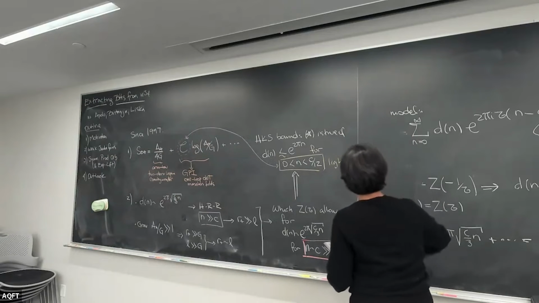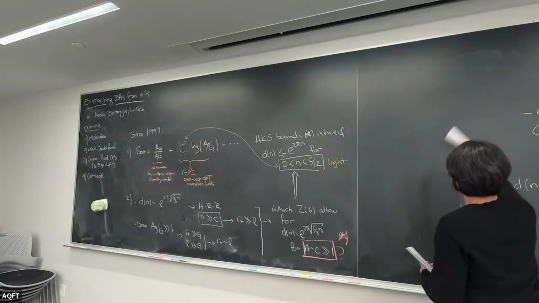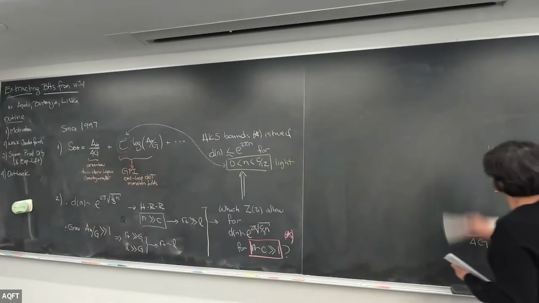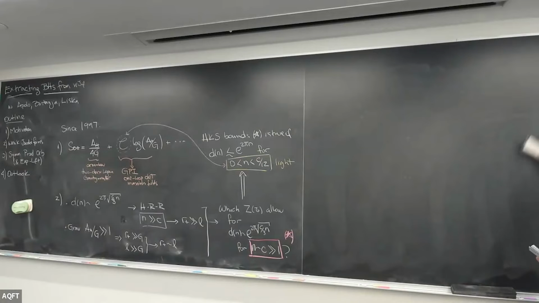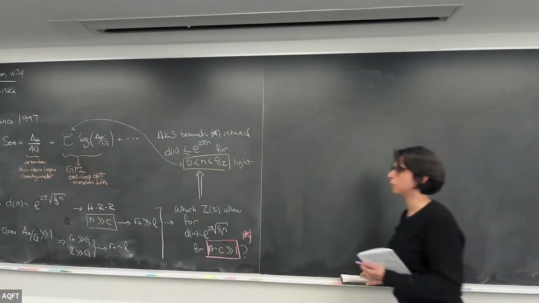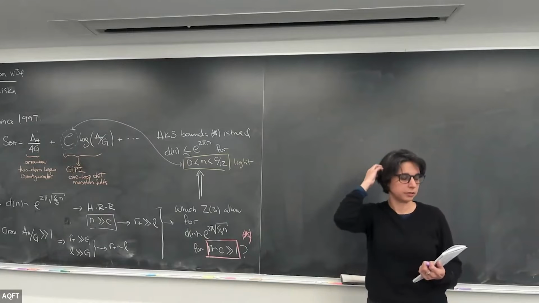moving on to the second point, the classes of forms that we're going to consider now are these weak Jacobi forms, okay? So this is where we're going to be asking this question.